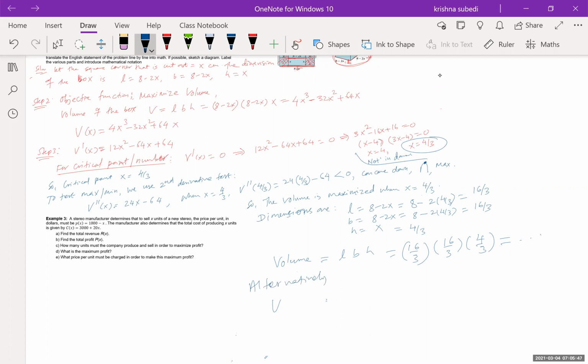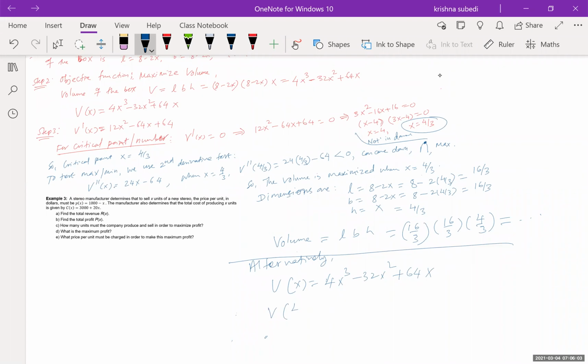Alternatively, you can find the volume from the equation, which is 4x cubed minus 32x squared plus 64x. When x equals 4/3, you can substitute 4 times (4/3) cubed minus 32 times (4/3) squared plus 64 times 4/3, and whatever you get should be your answer.